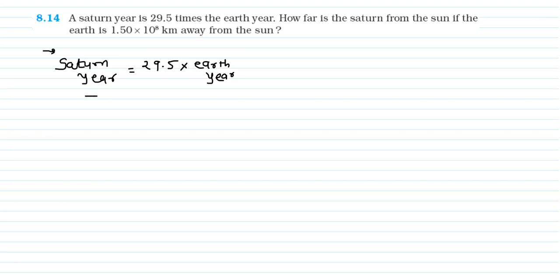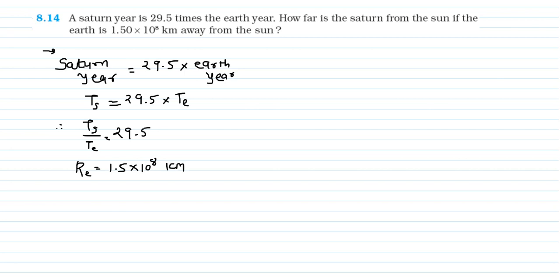That means Ts equals 29.5 into Te. Therefore Ts upon Te is equal to 29.5. Here given that Re equals 1.5 into 10⁸ kilometer. Suppose we keep kilometer, then our answer will also be in kilometer.